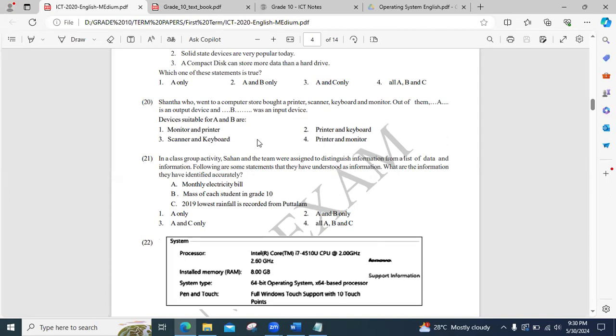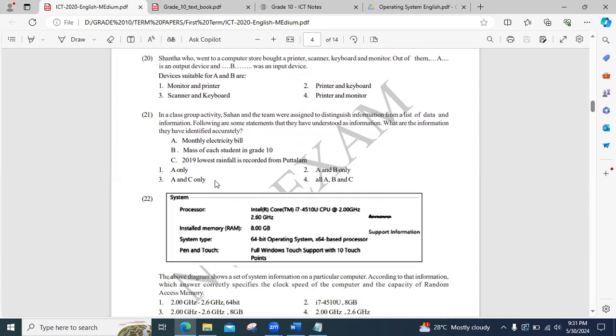So A is information. Mass of each student in grade 10: that is data, just the weight. Next, C: in 2019 the lowest rainfall was recorded from Puttalam. That is just the lowest rainfall, no? You must have some kind of calculation. So the 21st answer is 3.